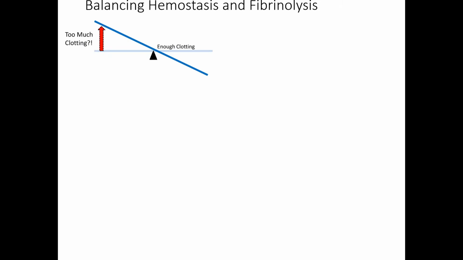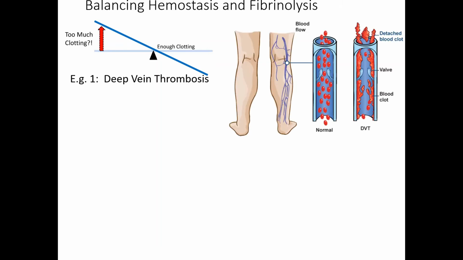But what happens when there's too much clotting, right? So when hemostasis outweighs the fibrinolysis, this can become a clinical issue in a lot of different ways. For example, a deep vein thrombosis, or a DVT, is essentially too much clotting in the veins of your extremities.